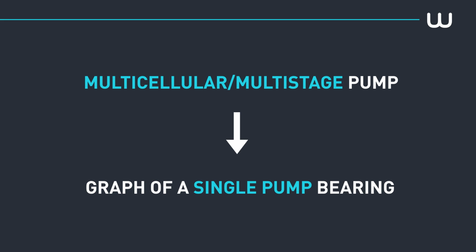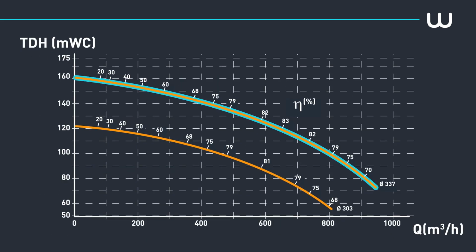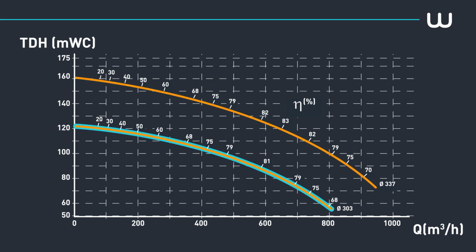Let's take the example of a graph where the TDH and pump performance are jointly represented according to the flow for 2 different impeller diameters. The upper curve concerns a pump impeller with a diameter of 337 millimeters, and the lower curve a pump impeller with a diameter of 303 millimeters.